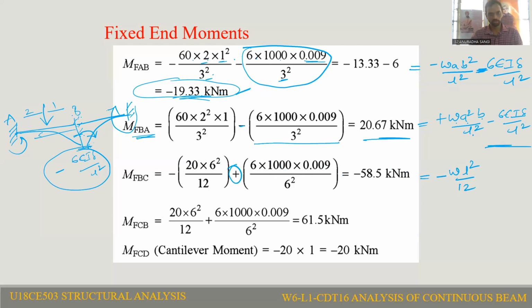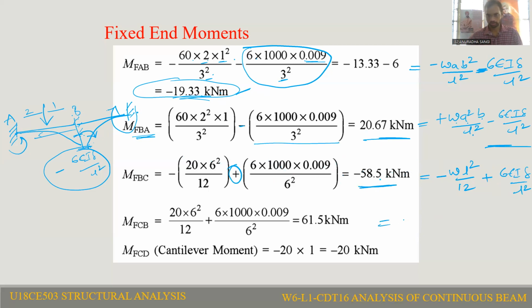We know very well about this. And for settlement of support, a clockwise moment is going to develop, that is plus 6 EI delta by L square. If you substitute these values, you will get minus 58.5.